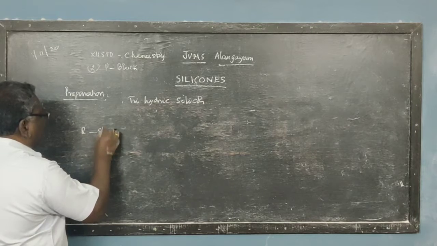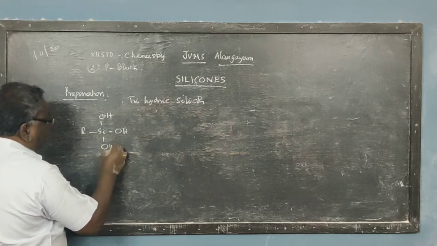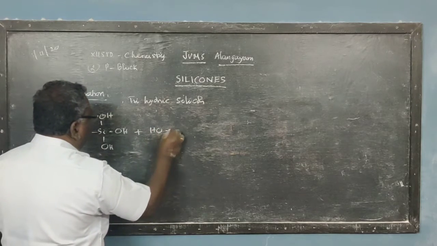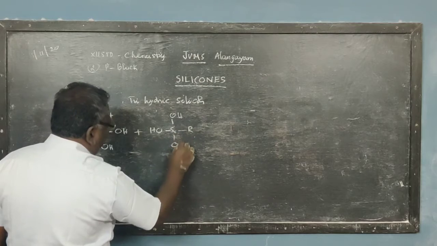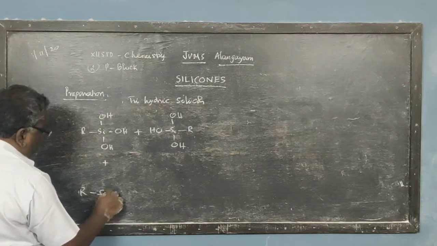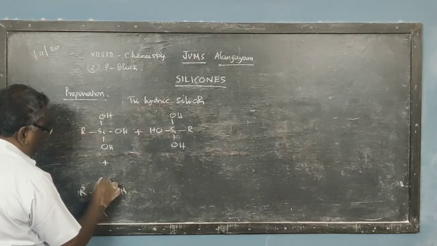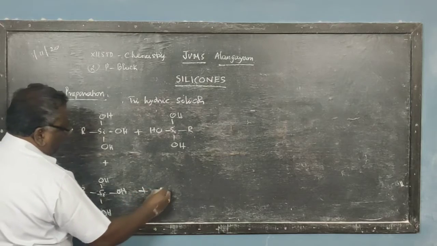Here we have Si, OH, OH, OH. Like that, 4 molecules can be involved. This is the second molecule, then the third molecule, then the fourth molecule.